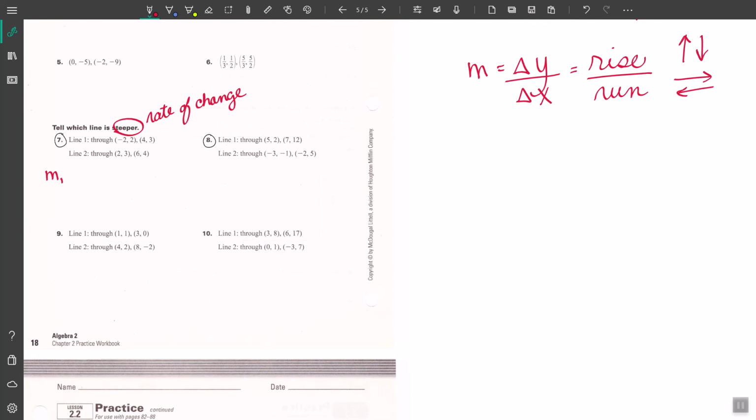I'm going to call the slope for line 1 m sub 1. I'm going to take the change in y's: start with my first y, subtract the second y, and put that over the first x coordinate subtracted from the second x coordinate.